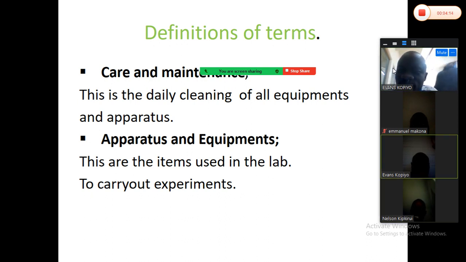Care and maintenance is the daily cleaning of all equipment and apparatus in the lab. And we also have apparatus and equipment. These are the items used in the laboratory to carry out experiments. So those are the key terms that we're going to use mostly in our lesson today.